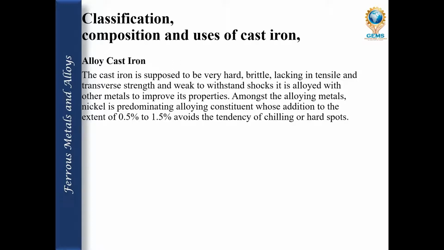Among the alloying metals, nickel is the predominant alloying constituent, whose addition to the extent of 0.5% to 1.5% avoids the tendency of chilling or hot spots. This alloy cast iron is hard and brittle. Brittle means it can break. Glass has this brittle property: if you drop glass, it will break, right?